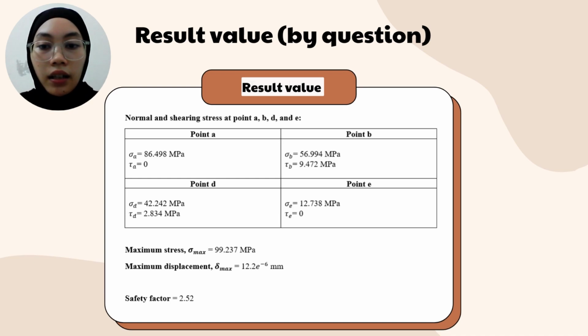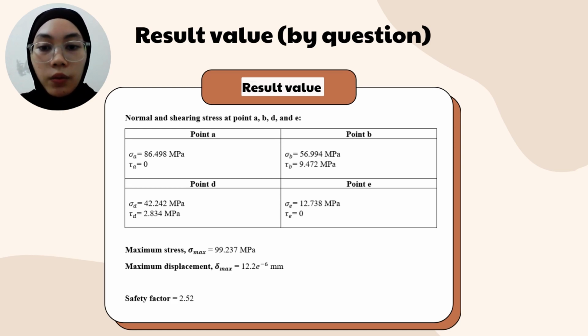I will explain the result values by question. The results are from normal and shearing stress at points A, B, D, and E, maximum stress, maximum displacement, and also safety factor. The values for normal and shearing stress at points A, B, D, and E are shown in the table below. For point A, we get 86.498 megapascal and 0. For point B, we get 56.994 megapascal and 9.472 megapascal.